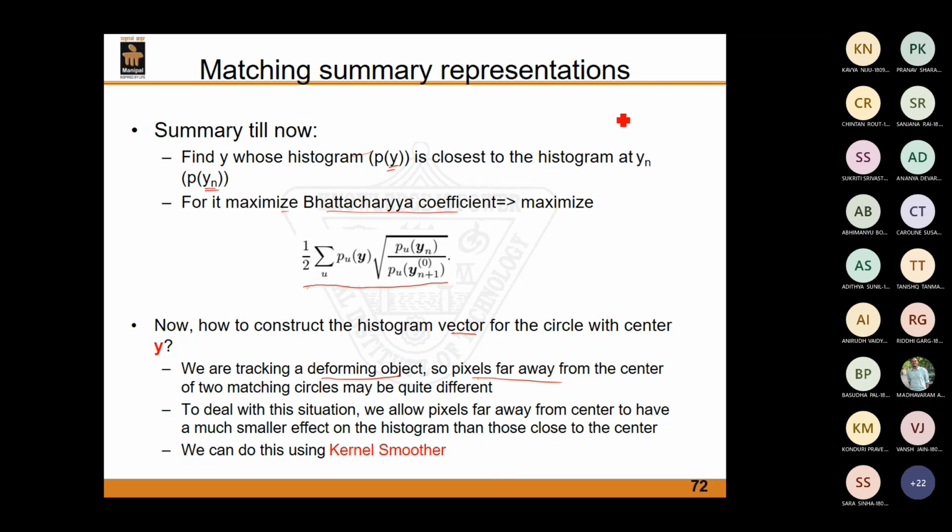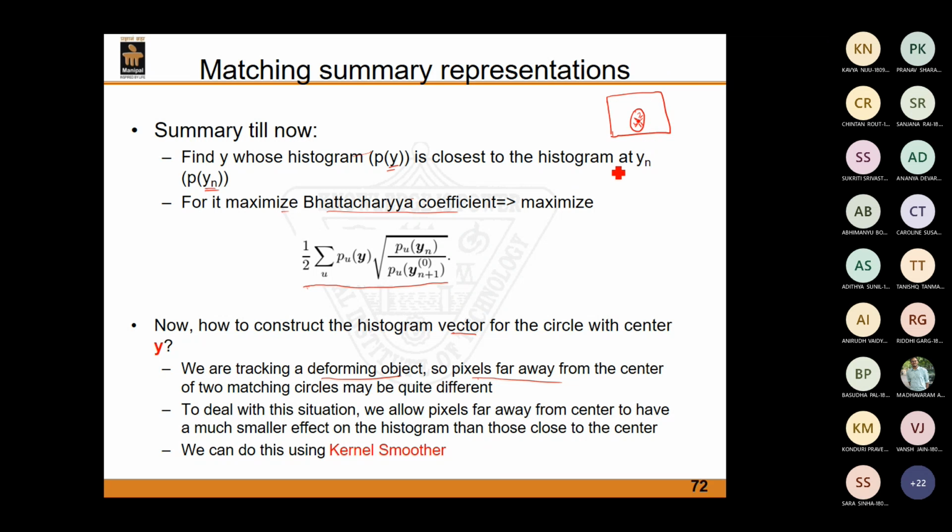So let's say this is the image frame, and this is a circular domain that I have, and this is the center. What we are assuming is that all the pixels which are closest to this particular center contribute more towards the calculation of the histogram or the probability density function of the domain as compared to the pixels which are further away.